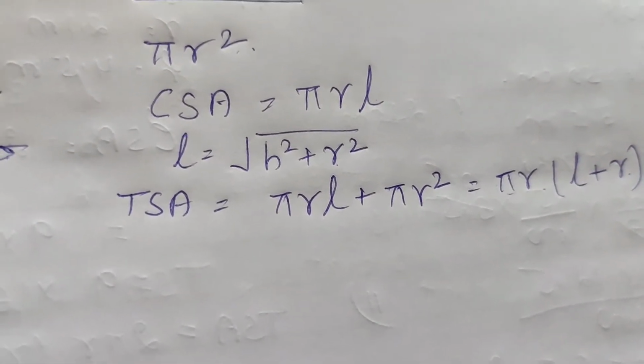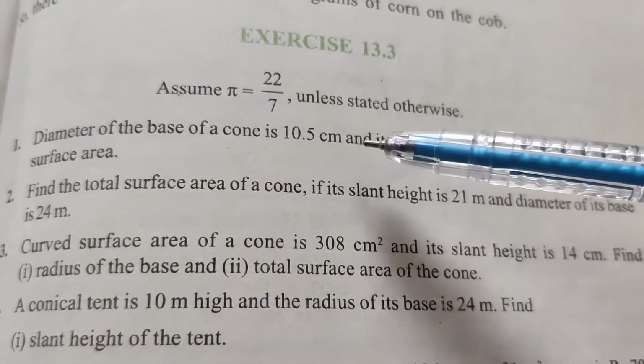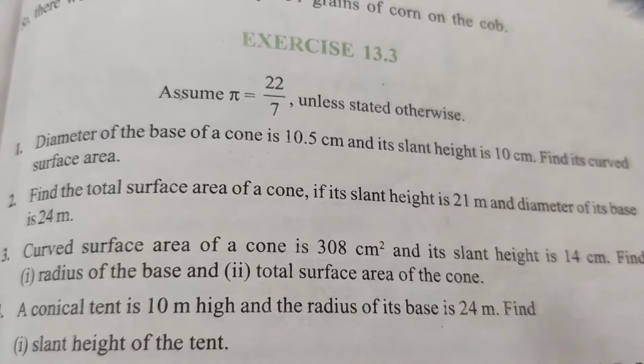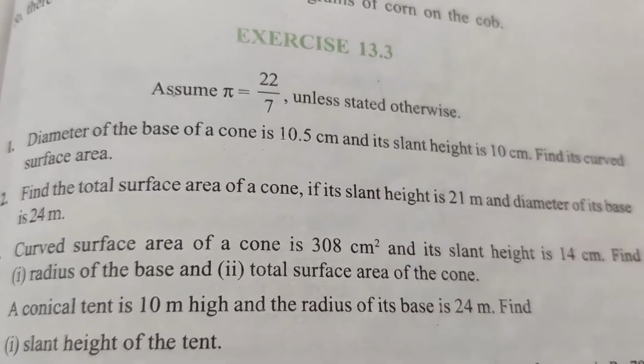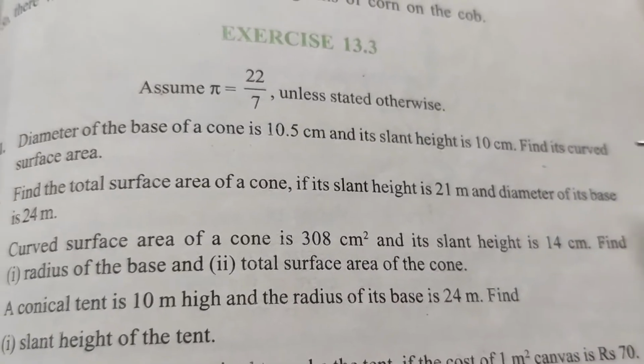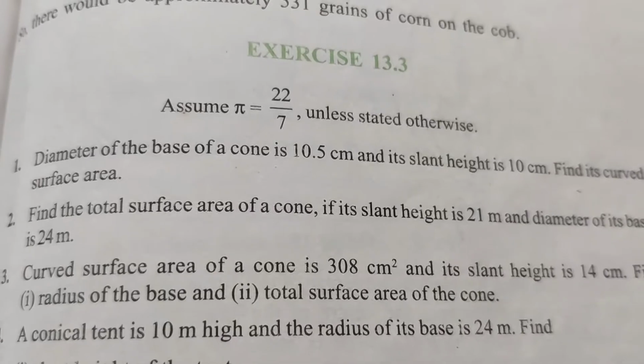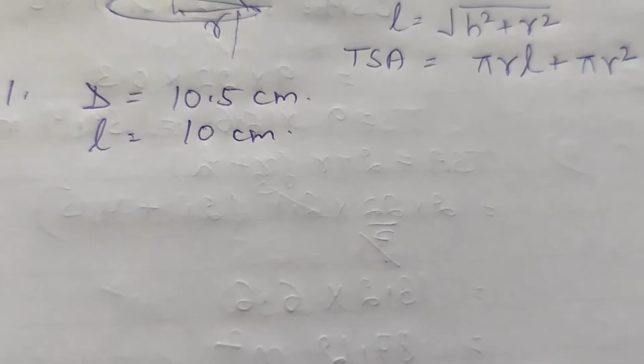Now question number 1. The diameter of the base of a cone is 10.5 centimeter and its slant height is 10 centimeter. Find its curved surface area. Simple question.